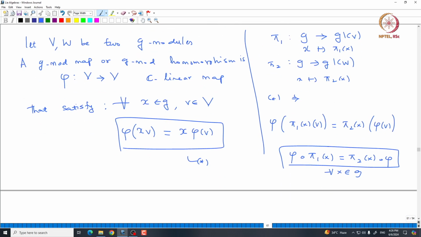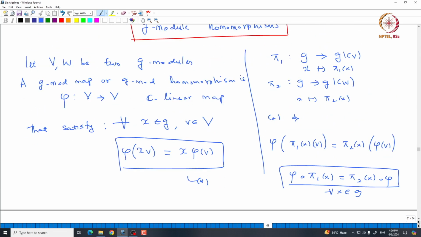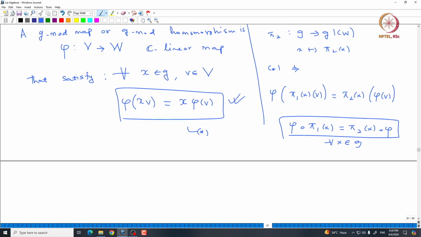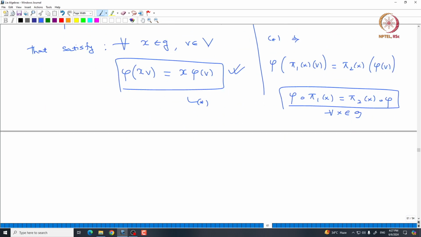So, now what is an isomorphism? A G module homomorphism from V to W is a C-linear map that satisfies this condition. Now if we take the set of all these G module maps from V to W, that is denoted by Hom_G(V, W).